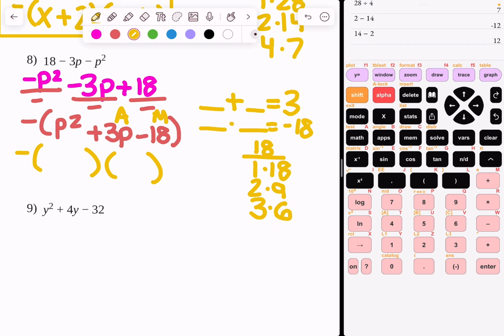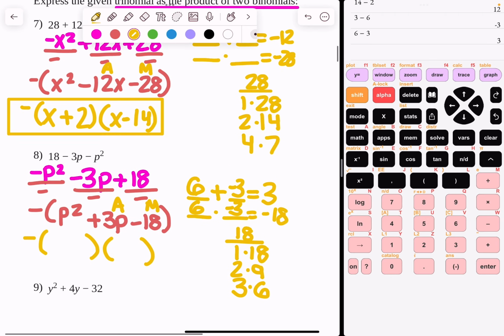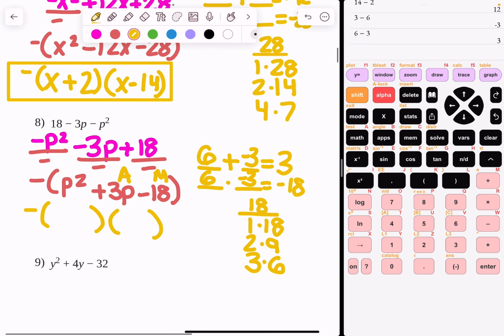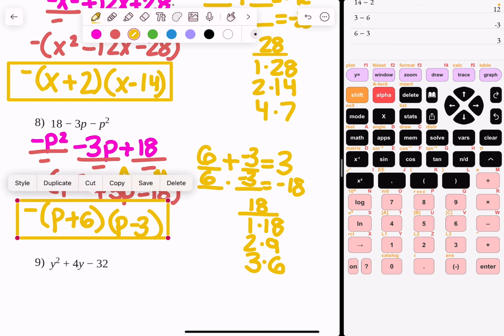If I'm trying to find what could add to 3, 6 and 3 seems good, but I might need to do some subtracting. 3 minus 6, well, that gets me negative 3. What about 6 minus 3? Oh, that gets me 3. So 6 and a negative 3. So I would have p plus 6 and p minus 3. Perfect.